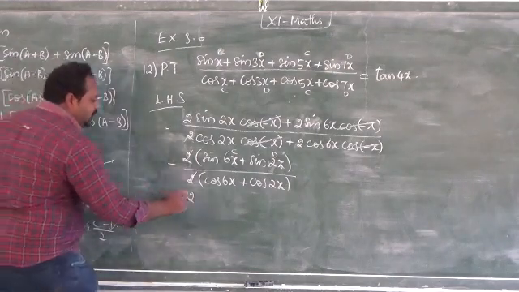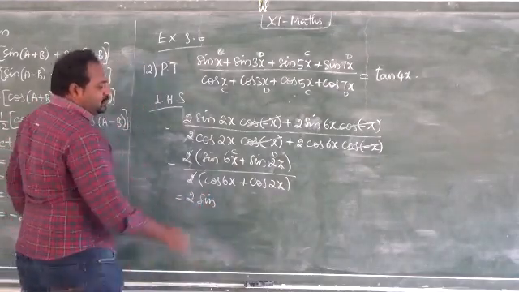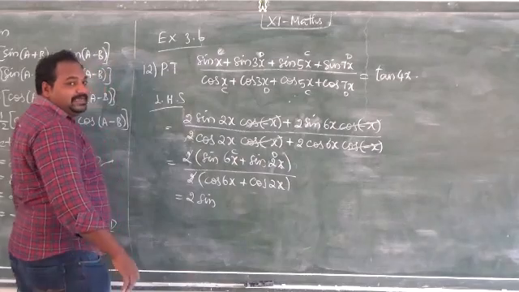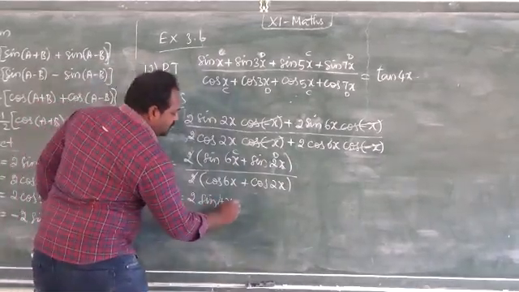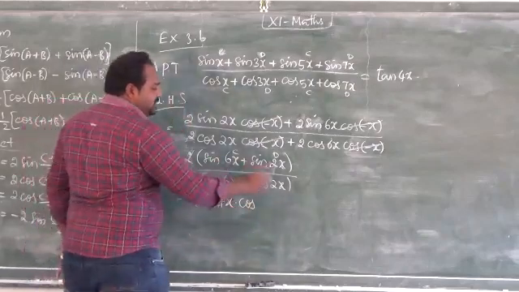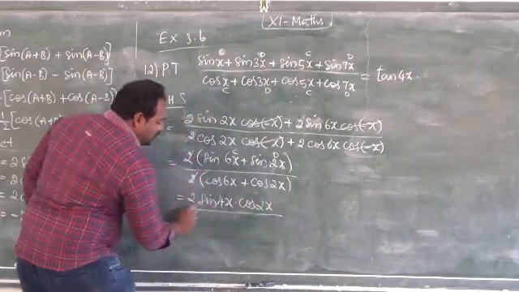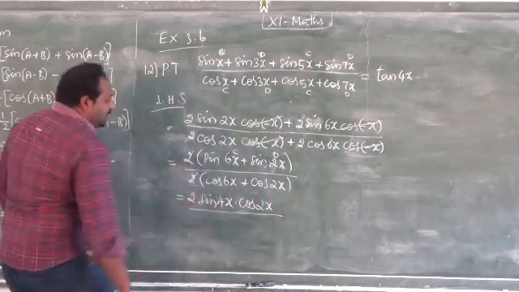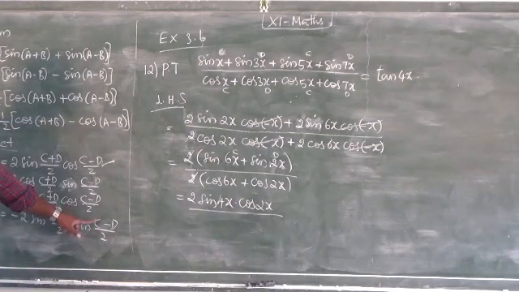So 6x plus 2x is 8x by 2 is 4x, into cos (C minus D), 6x minus 2x is 4x by 2 is 2x, whole divided by cos C plus cos D, which is 2 cos (C plus D) by 2 cos (C minus D) by 2.